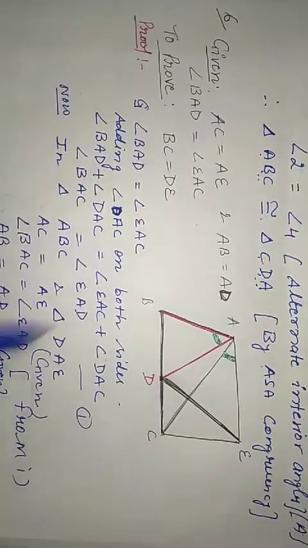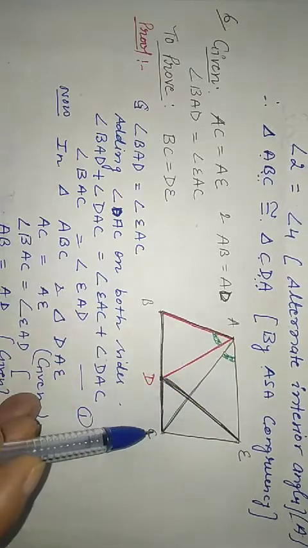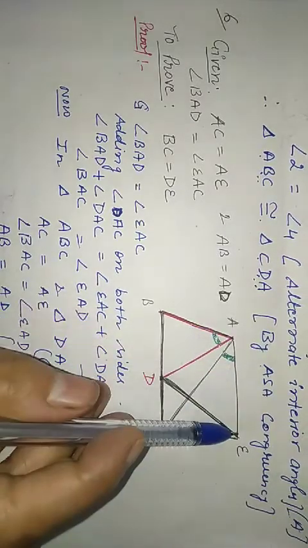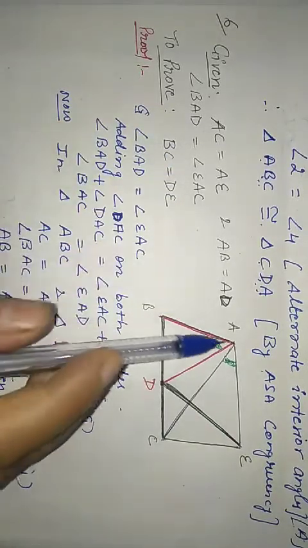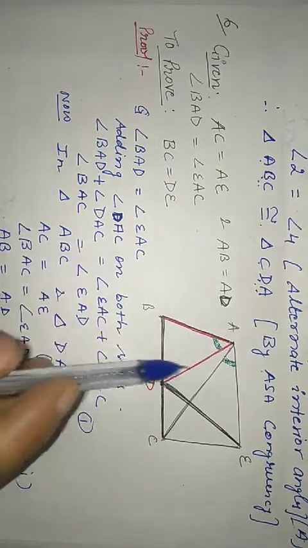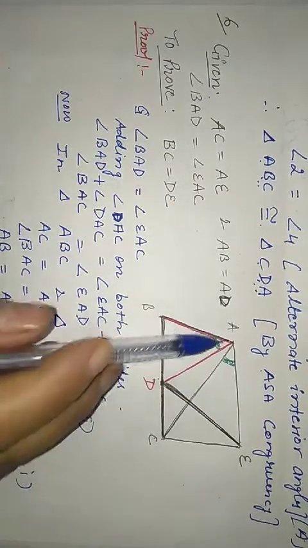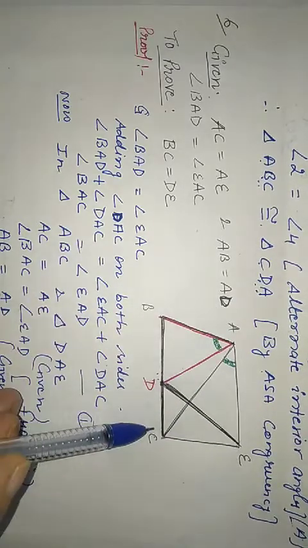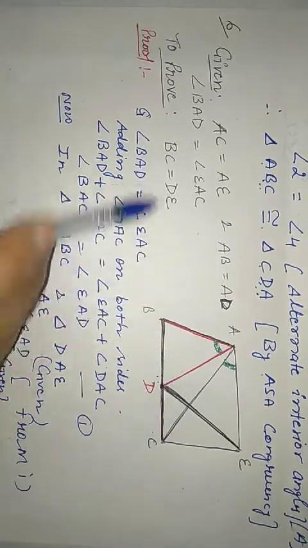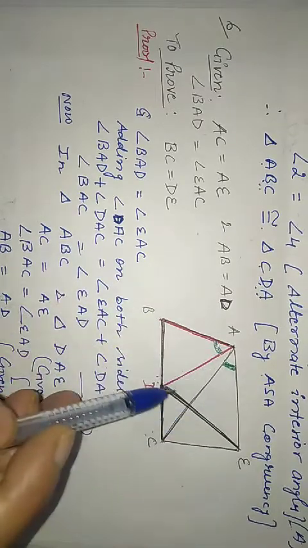It is given that AC is equal to AE, with the same color, and AB, with red color, is equal to AD. Now angle BAD is equal to angle EAC. This is given. We have to prove that BC is equal to DE.